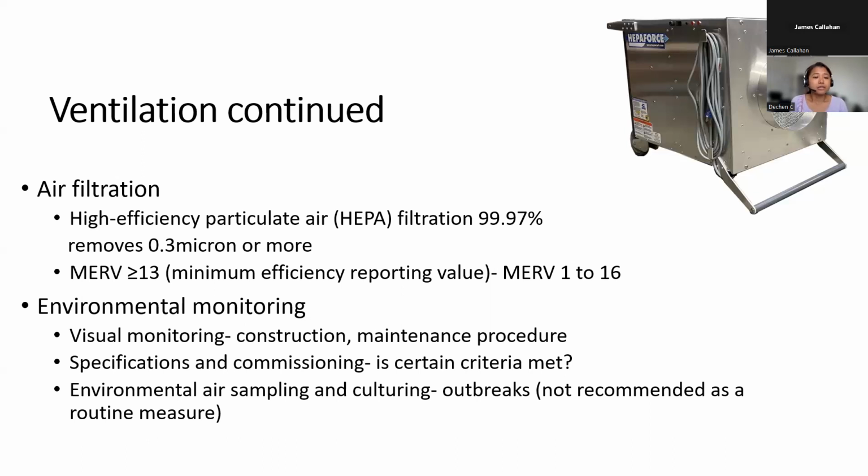The MERV uses a scale of 1 to 16. So a MERV 13 is equal to 80% efficiency, and MERV 16 is equivalent to 95% or more. So when you don't have a HEPA air filter, go with the higher number of MERV if possible.